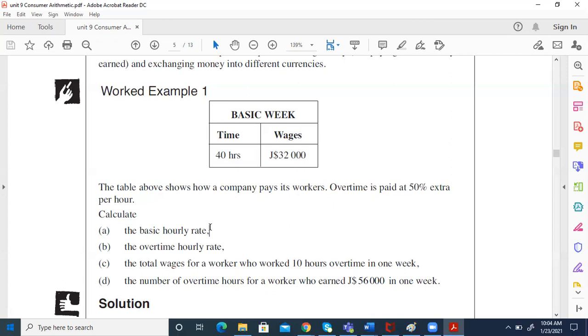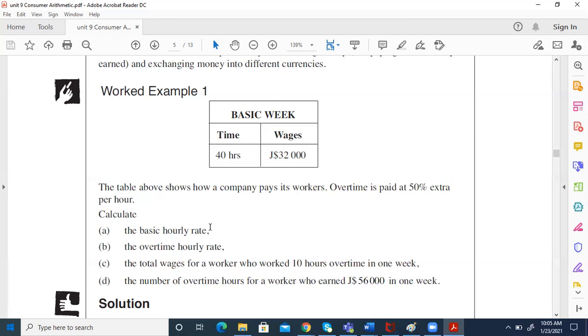You pay her the regular rate of $800 plus that 50% extra for overtime per hour.